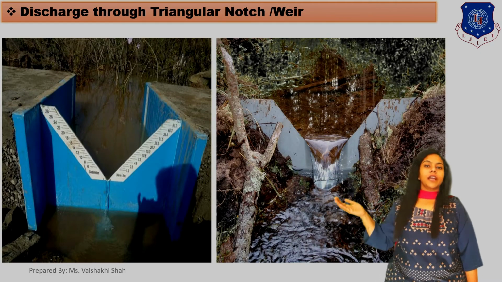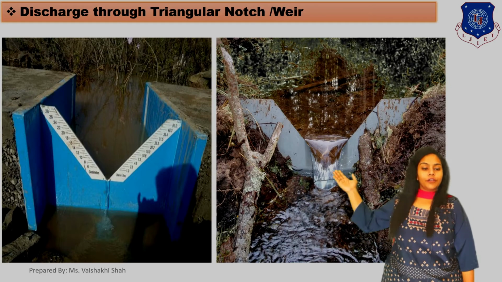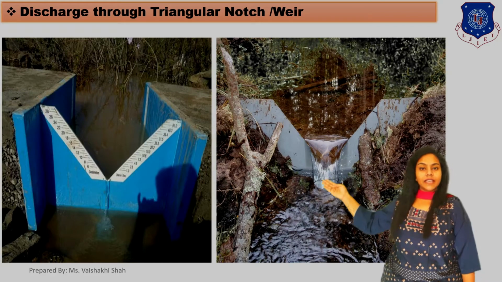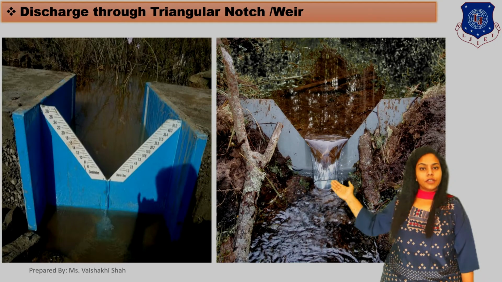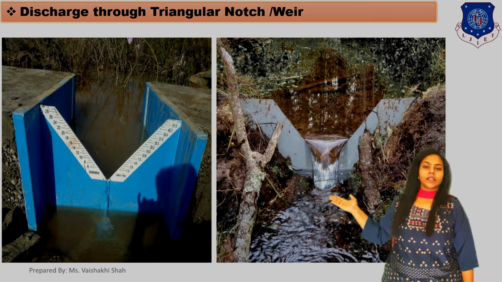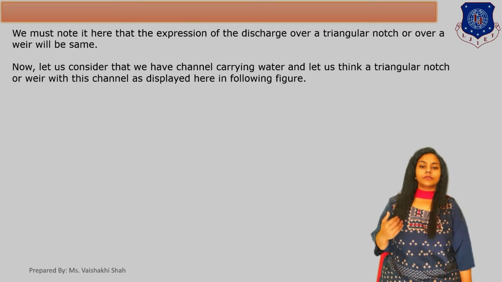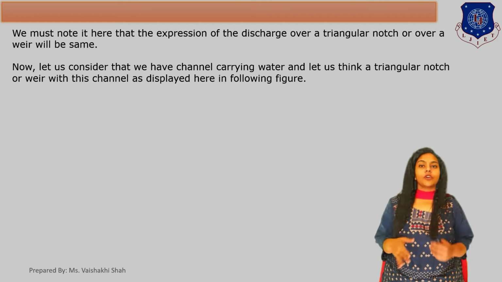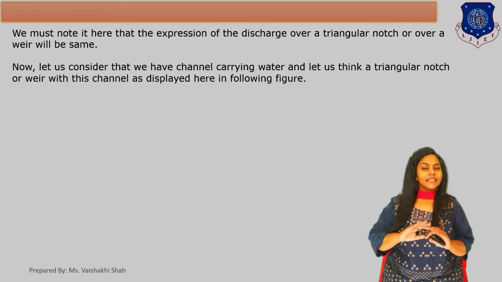The triangular notch is also called a V notch, as you can clearly see in the diagram, a triangular shape. So let's start our derivation. For that we must note that the expression for discharge over a triangular notch or weir is the same.